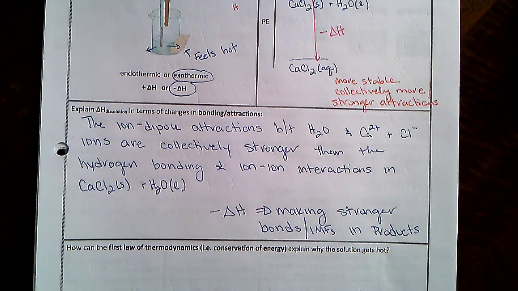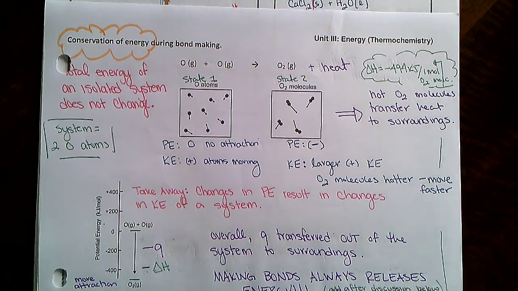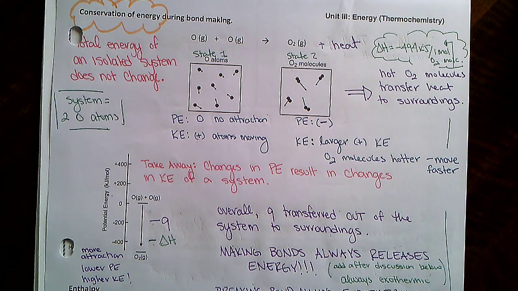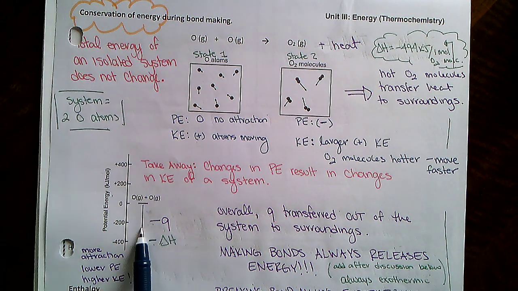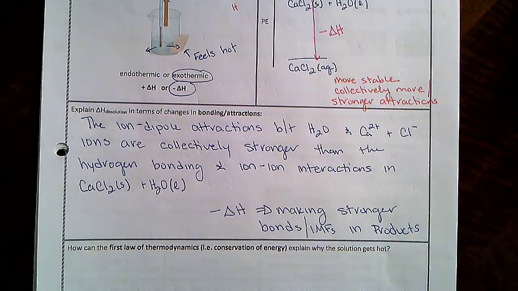Now, what about this second part? How can the first law of thermodynamics explain why the solution gets hot? That's basically going back here to conservation of energy. So here we said changes in potential energy lead to changes in kinetic energy. So let's think about it in this case.